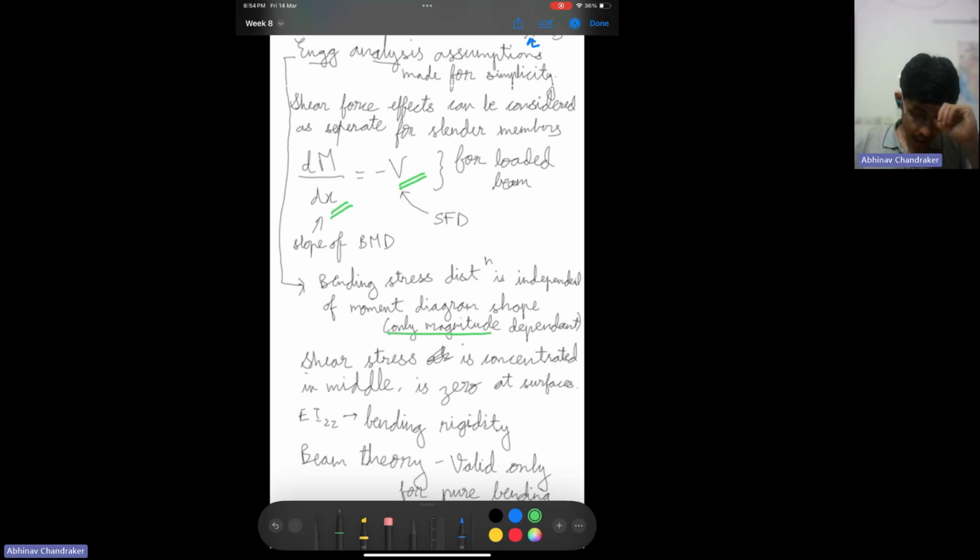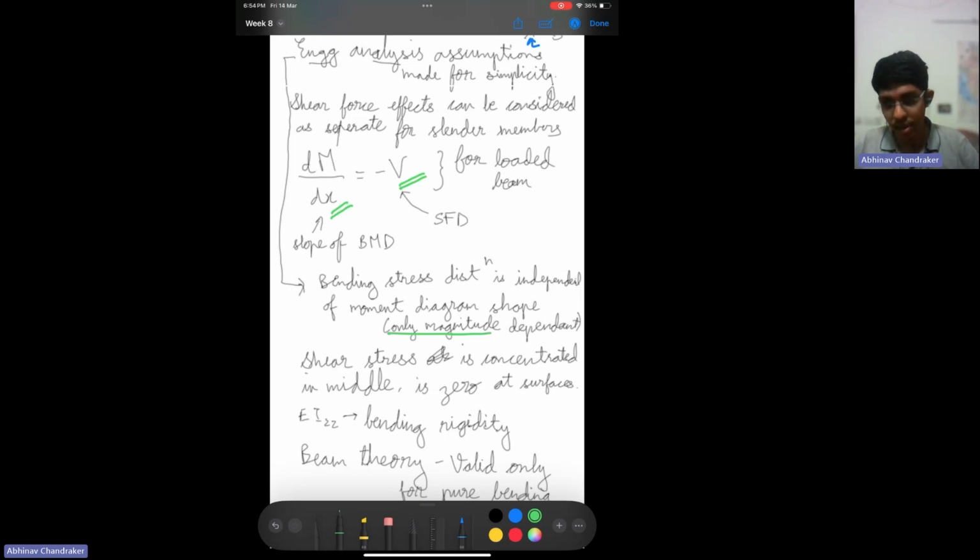Also, when shear stresses are being applied, of course, the planes which were present in the undeformed beam, those planes in the cross section, will no longer be planes after shear stress is applied. But here we'll again assume that for slender members, the shear stresses will be concentrated only near the middle.